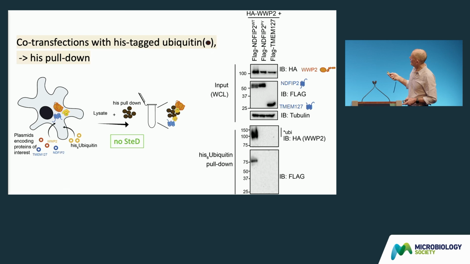That's completely dependent on these PY motifs in NDFIP2. If they're substituted for alanines, then there is no ubiquitination.